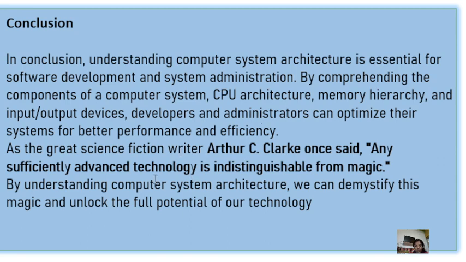There is a quote here. The fiction writer Arthur C. Clarke once said, "Any sufficiently advanced technology is indistinguishable from magic." By understanding the computer system architecture, we can demystify this magic and unlock the full potential of our technology.